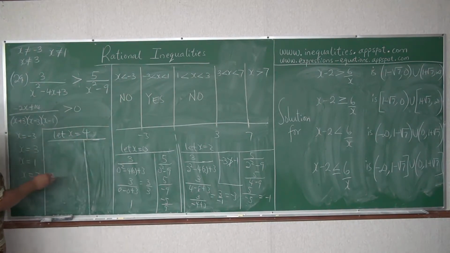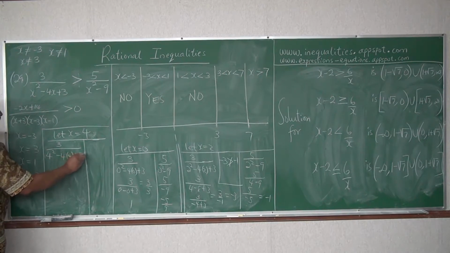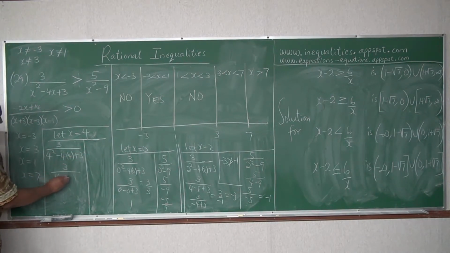So this is 3 over 4 squared minus 4 times 4 plus 3. And that will be 3 over 16 minus 16 plus 3, which is 3 over 3, which is 1. 16 minus 16 is 0, 0 plus 3, 3. 3 divided by 3, 1.